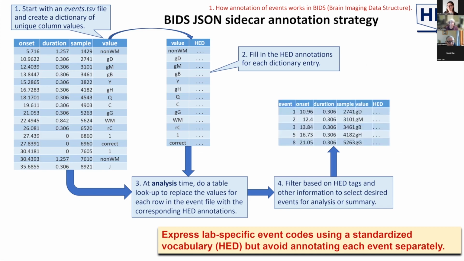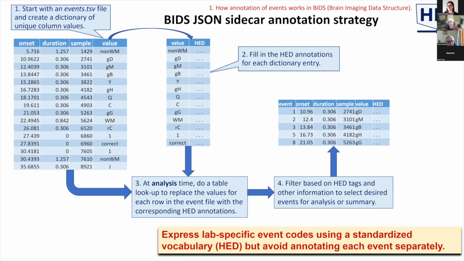And if you filter, then you can reduce your event file, or you can put factor vectors as columns on your event files in order to do a linear analysis. The options are open. The HED tags can also be used for searching, and we have a number of tools under development for summarization of data sets in compact form, which we hope to incorporate in some of the archives, such as NEMAR, which is in Scott's lab.